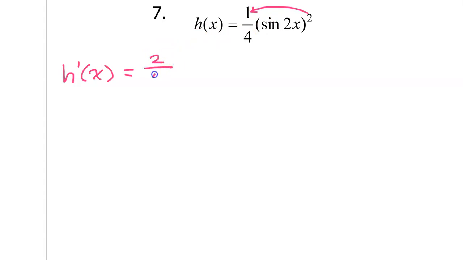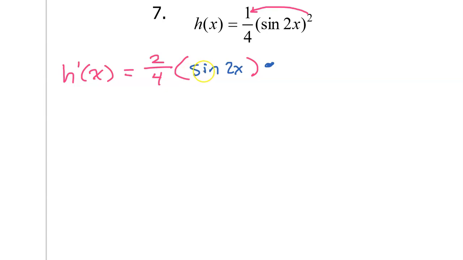So I'm going to have 2 over 4. Obviously, that's 1/2. And then I reduce this power by 1. So this is just a 1, which I don't need to write. But then I have the inner function sine 2x. So according to the chain rule, I must now multiply by the derivative of this inner function.